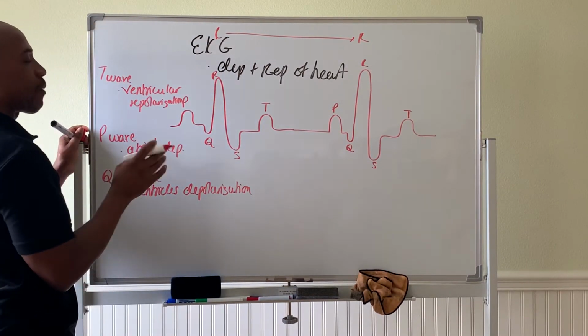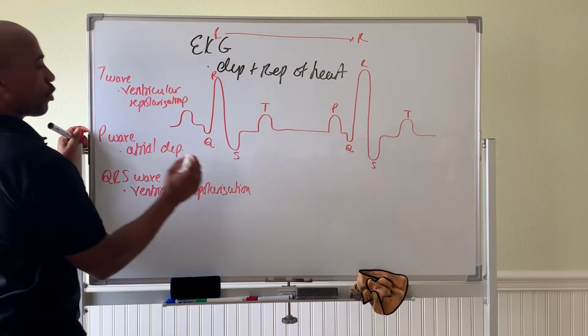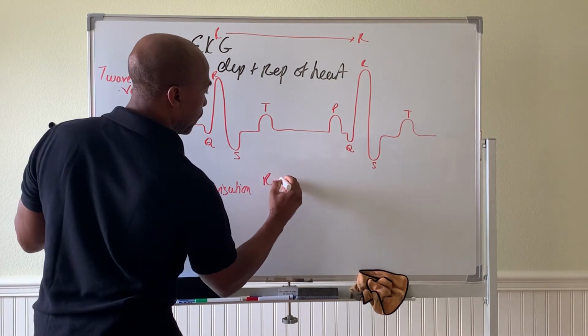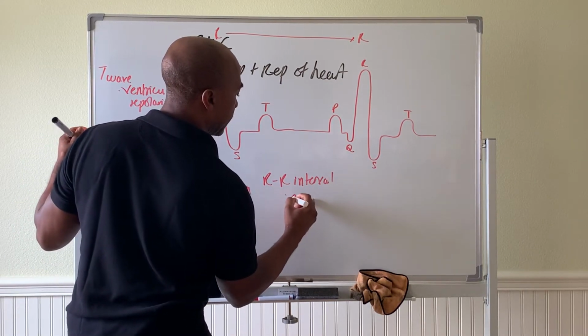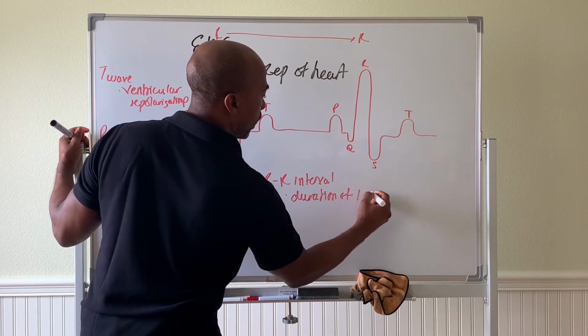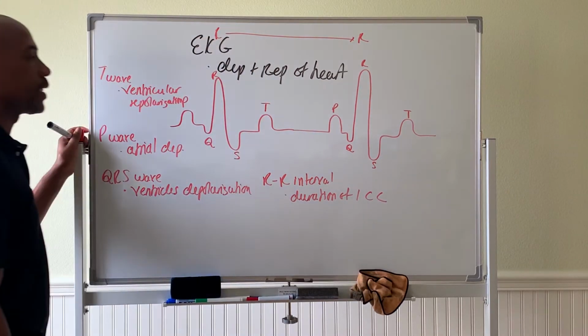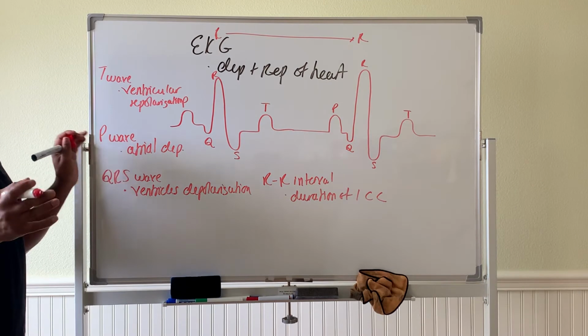That's usually the time required to go through one cardiac cycle. So the R to R interval is the duration of one cardiac cycle.